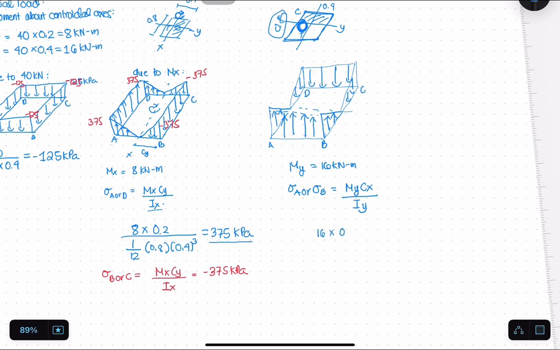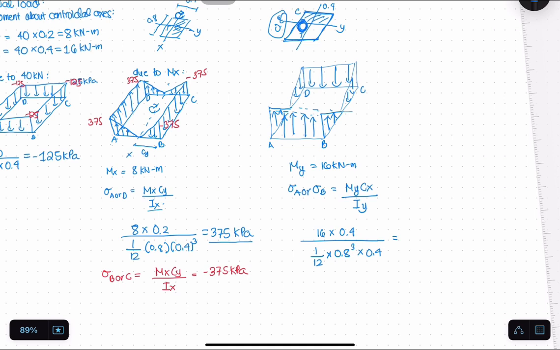(16 times 0.4 over 1 over 12 times 0.8 cube times 0.4 equals... ang lalabas dito, class, ako na lang mag-calculator.